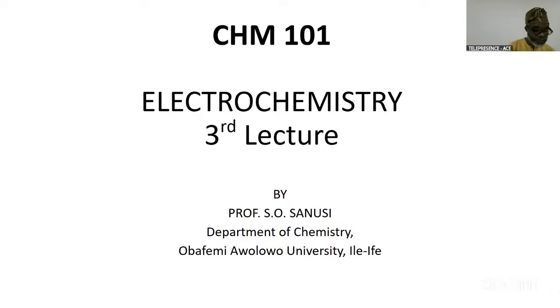In continuation of the topic we started last week, which is electrochemistry, we will round it up with the last component of it. The first component was electrolysis, where we discussed the electrolytic reaction in this particular type of cell.